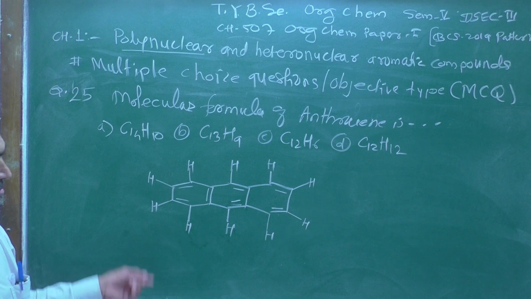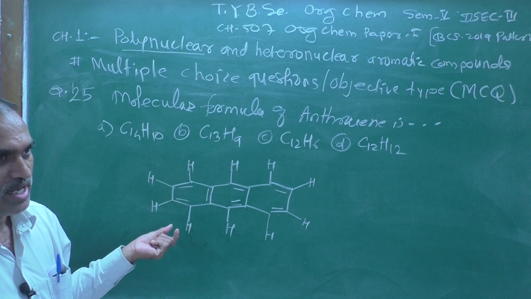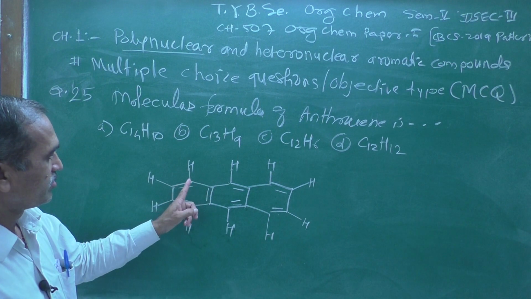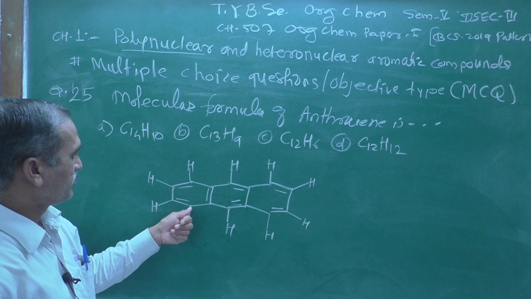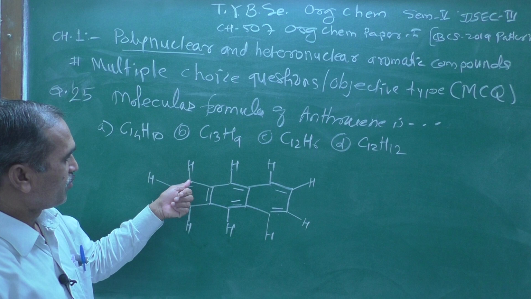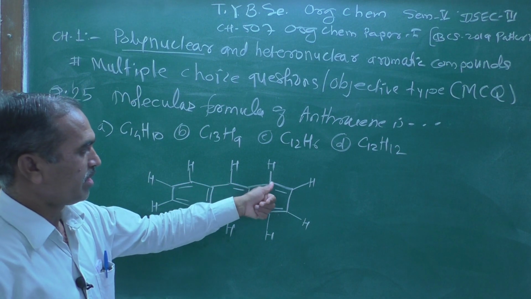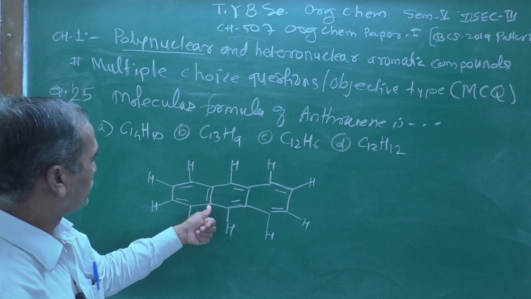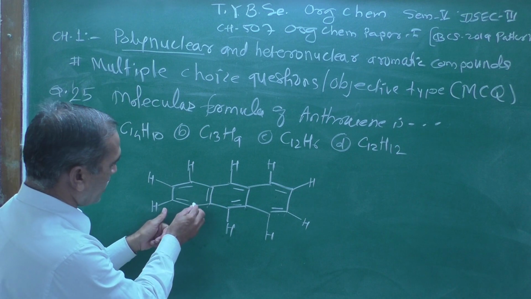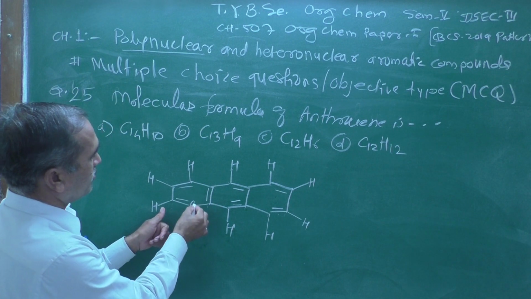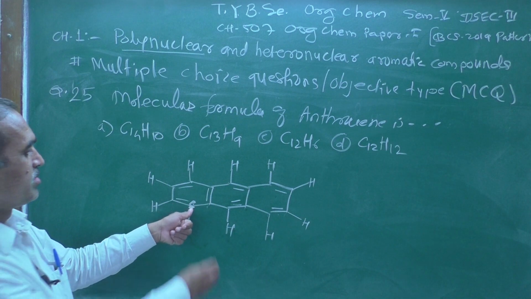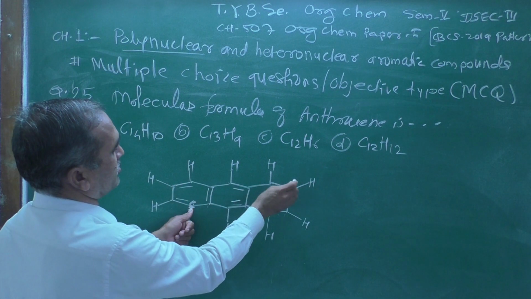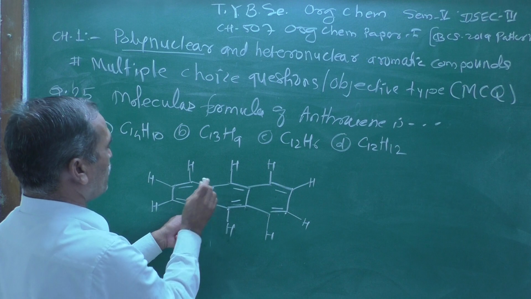Now count each corner containing a carbon atom. You can start from here: 1, 2, 3, 4, 5, 6, 7, 8, 9, 10, 11, 12, 13, 14. Let me label the carbon atoms, starting from here 1 to 14.